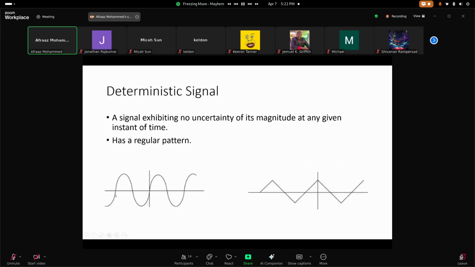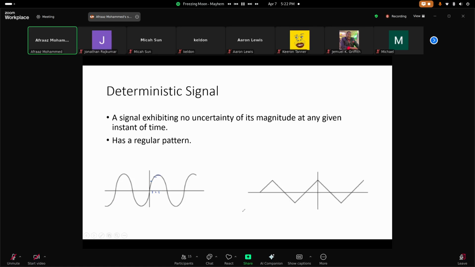The next one to look at is the deterministic signal. In a deterministic signal, there is no uncertainty of the magnitude of the signal within a given instant of time, and it also has a regular pattern. What that means is, given any moment in time, you could determine what the value is for the signal.